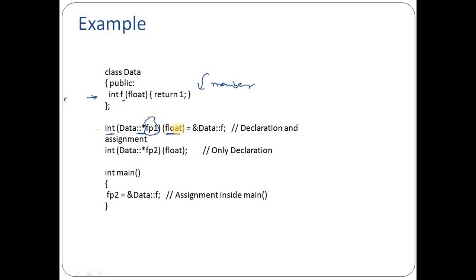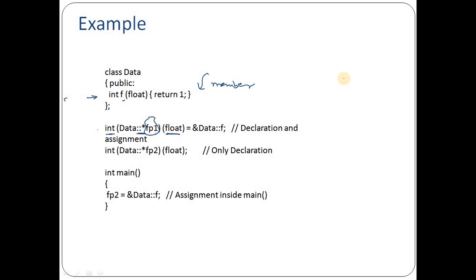and at the right hand side we have to give the address of the function, and the function name also always contains the address of the function. The function name itself contains its address, so that's why we are using the address ampersand data scope resolution f. Now this f contains the address of the function which is assigned to this fp1.